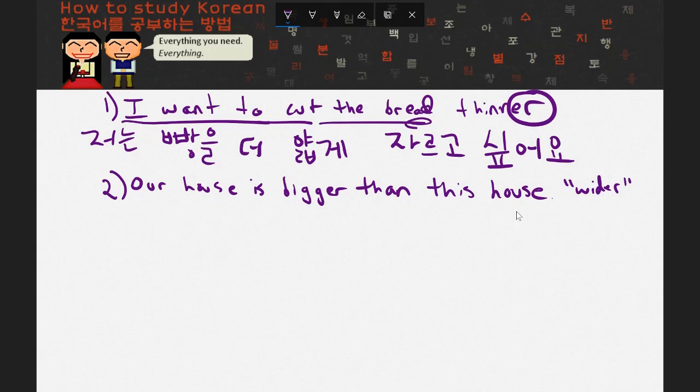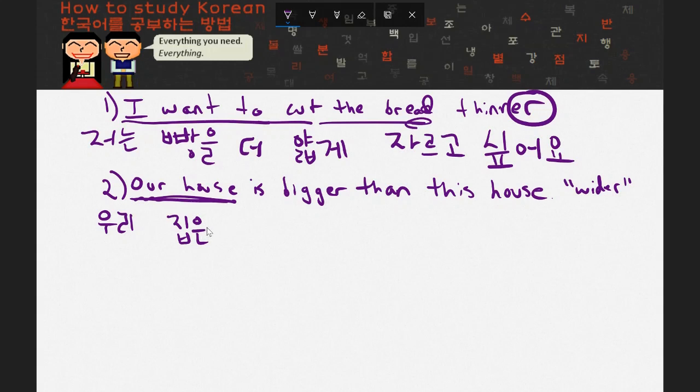Okay, now the subject of the sentence is our house, and the way to say our is 우리, which is just we. But if I put 의 after that, that turns into our, and I can put 집 here. Now, in Korean, it's very common to sort of eliminate this 의, especially in this type of situation. So I could just say 우리 집 to mean our house. Now, if I want to indicate that our house is big, I could just say 우리 집, and again, 우리 집 is the subject of the sentence, so I can put 은 here to indicate that it's the subject of the sentence.